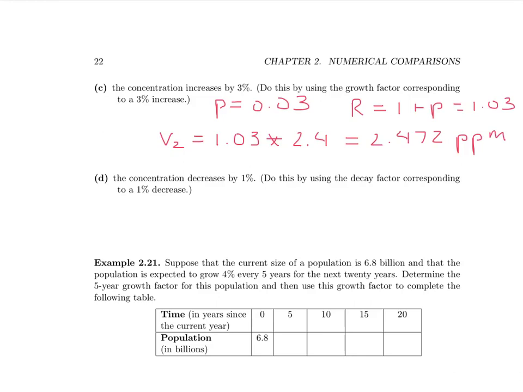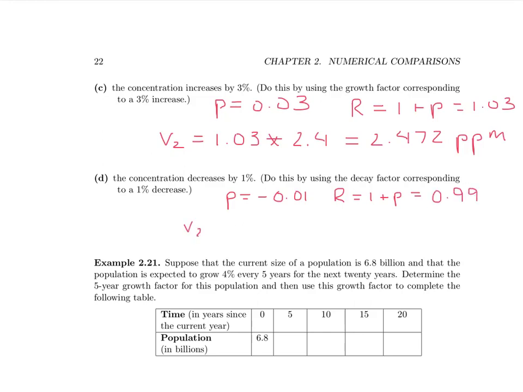Let's look at part D. Here the concentration has decreased by 1%. This corresponds to a p-value of negative 0.01. We can calculate the r value, the factor, by using 1 plus p. If I take 1 and I add to it negative 0.01, I arrive at 0.99.